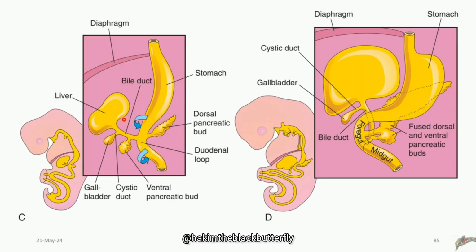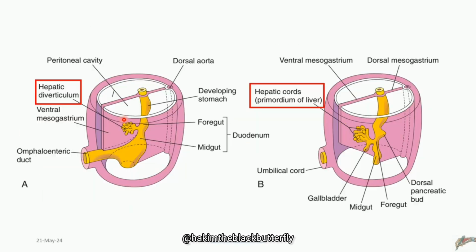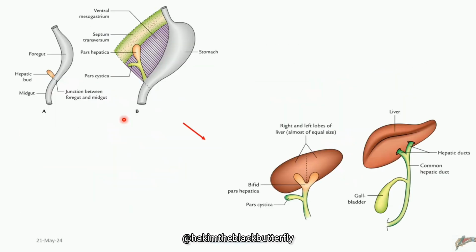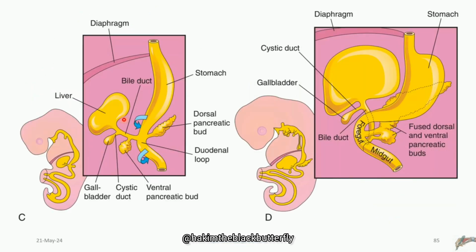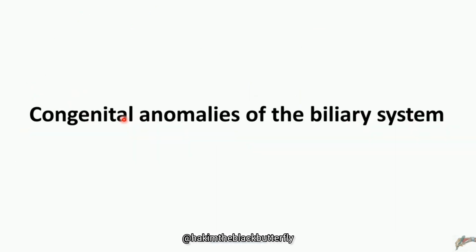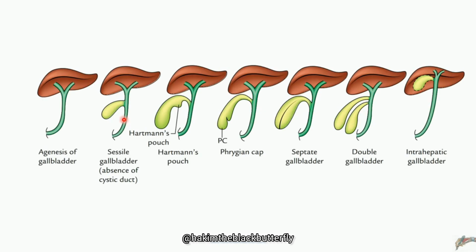And now we can appreciate the congenital anomalies of the biliary system. There are many abnormalities that can form, but of course not so many. There are just a few that we are going to talk about. One, there can be agenesis of the gallbladder, meaning absence of the gallbladder.